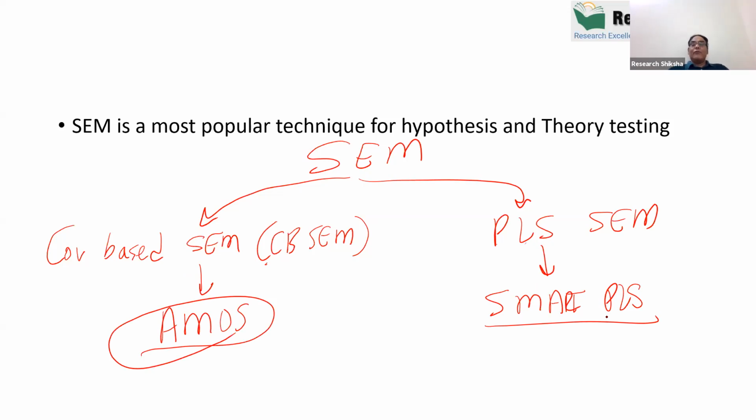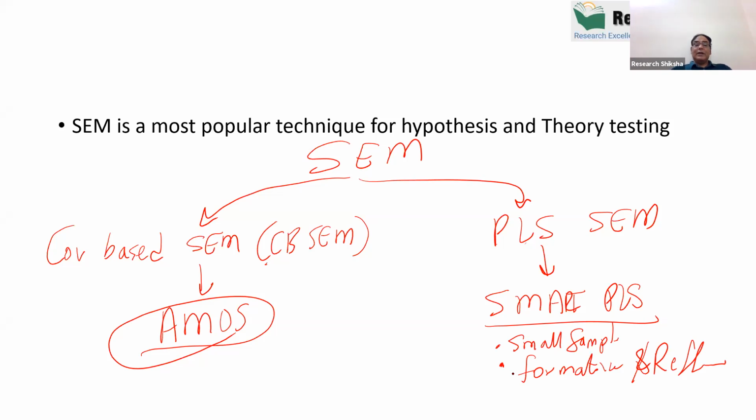Now one thing you may ask is where to use PLS and where to use CB-SEM. PLS-SEM we use when we have small samples, number one, and number two, when you have formative constructs, either formative and reflective, or only formative.